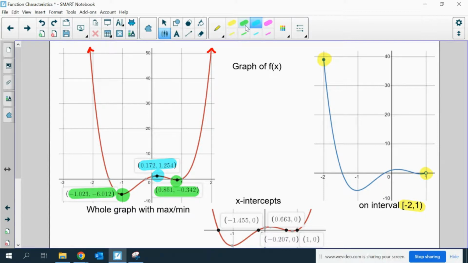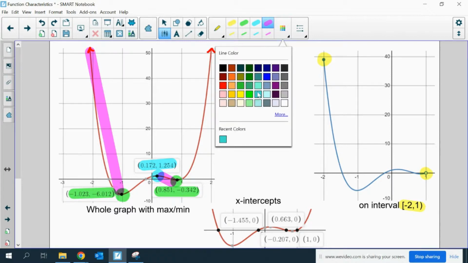Then if we're looking at decreasing intervals, those are intervals where the function is going down. So that would be in purple. Increasing intervals are where the function is moving up.